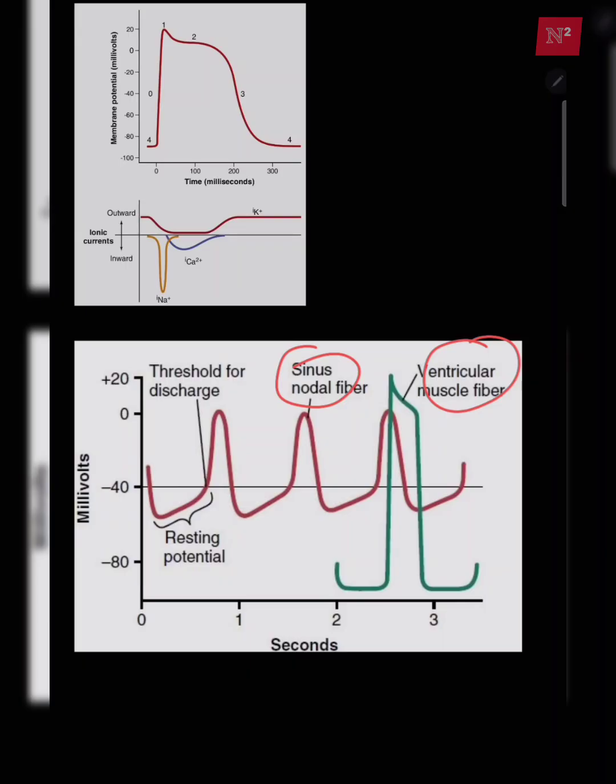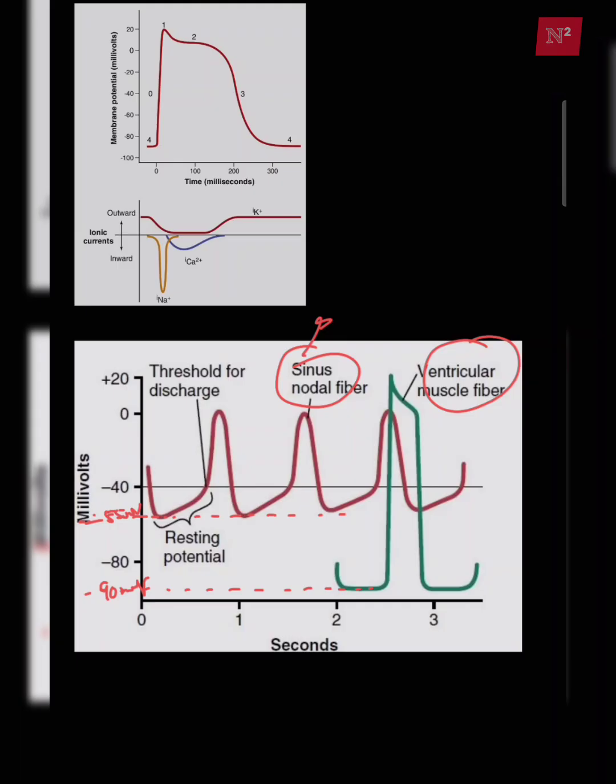The first difference is that the resting membrane potential of the ventricular muscle is around -90 millivolts, as compared to the nodal fibers, where the resting membrane potential is around -55 millivolts. Now why is this the case in the sinoatrial node?